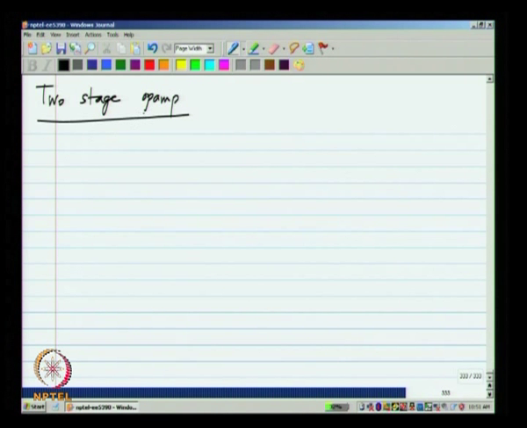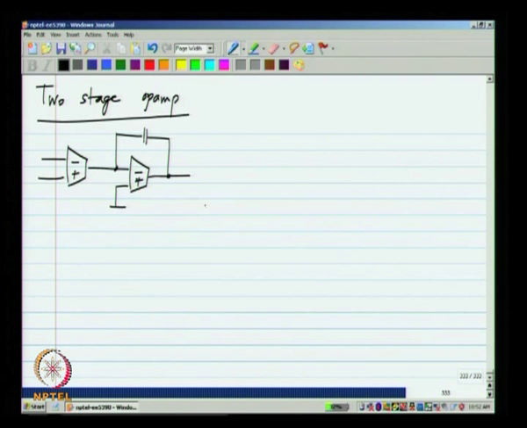Let us recall that the 2 stage op amp had a topology like this. Now, in addition to that, we have a buffer. Okay.